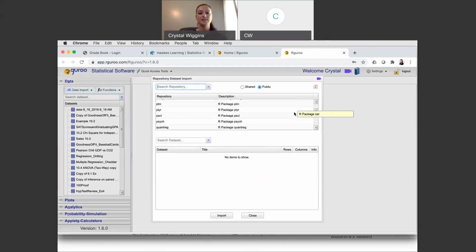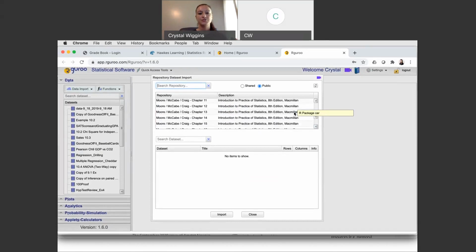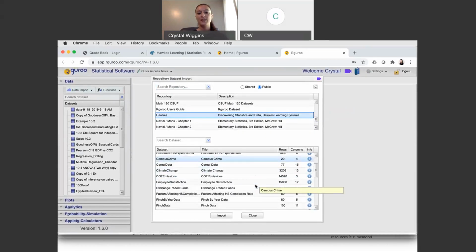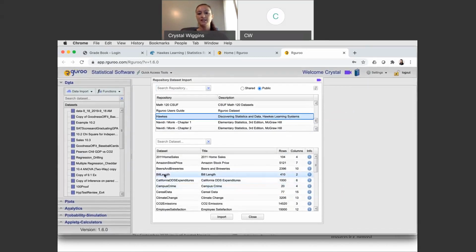There's a lot of data sets that are already preloaded in here. Hawks. So every data set that we run into is already in here. I don't have to upload it. I just have to click on it. Let's say that I'm working on a problem and it tells me to use the Bill Length data set. I'll just say import and it automatically adds it to my data list.